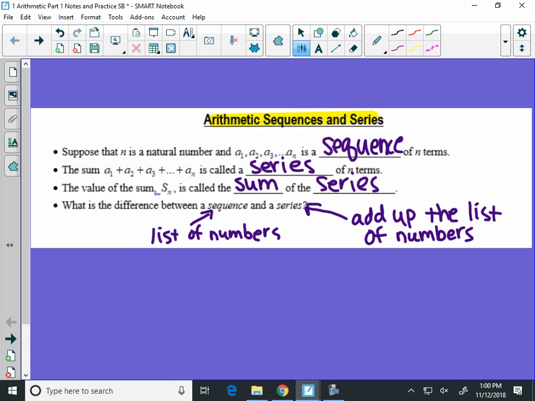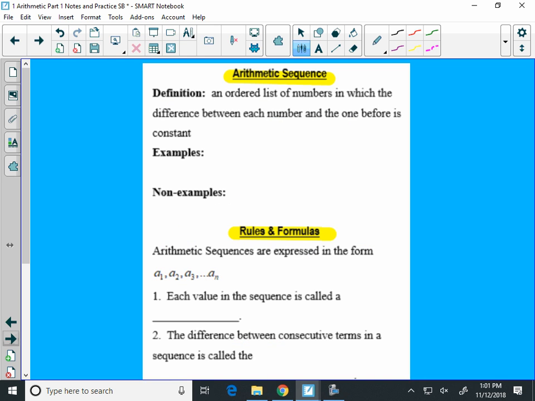Now we have a couple of columns underneath on your paper. We're not going to do all of it on each column, but at least some examples. An arithmetic sequence, we're on the left, is an ordered list of numbers in which the difference between each number is the same.